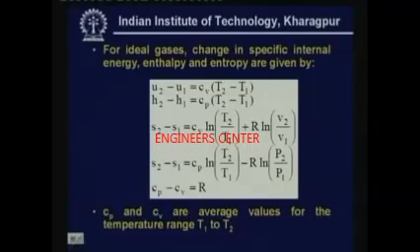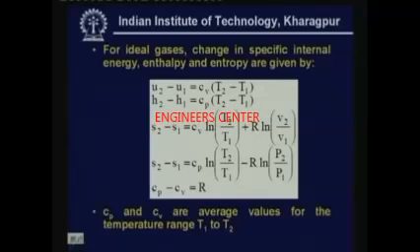The first equation U2 minus U1 gives the specific internal energy change, and it is given by Cv into T2 minus T1, where Cv is an average specific heat at constant volume, and it is an average value between T1 and T2. And the next equation is H2 minus H1, that is nothing but the specific enthalpy change, equal to Cp into T2 minus T1, where Cp is the specific heat at constant pressure, and it is assumed that it is either constant or we are taking an average value for the interval T1 to T2.